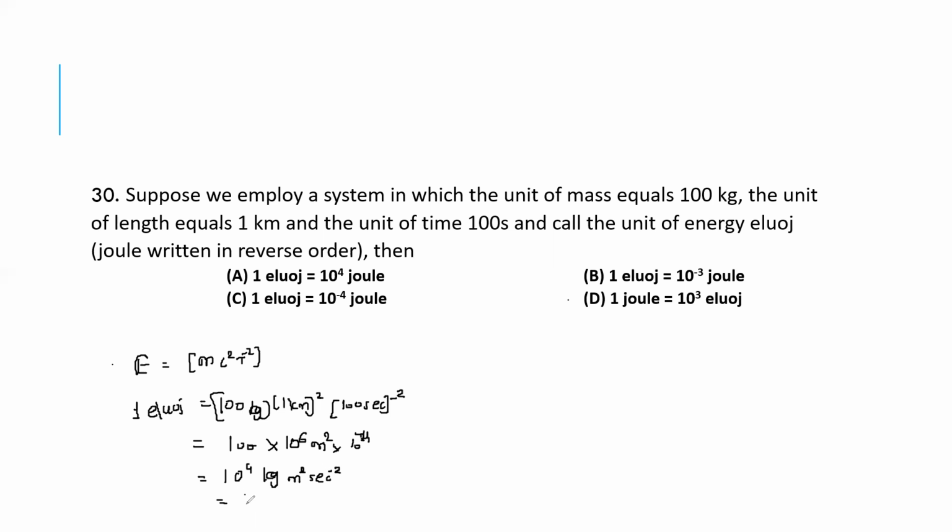Means this is equal to what? It is 10 raised to 4 joules. So this is how we can write it. Therefore, the correct option is 10 raised to 4.